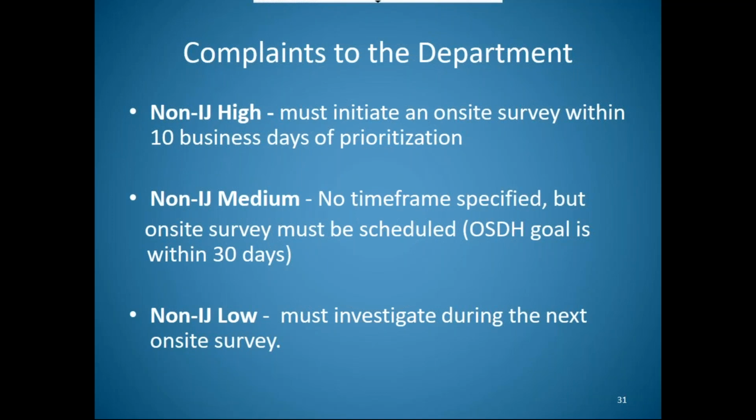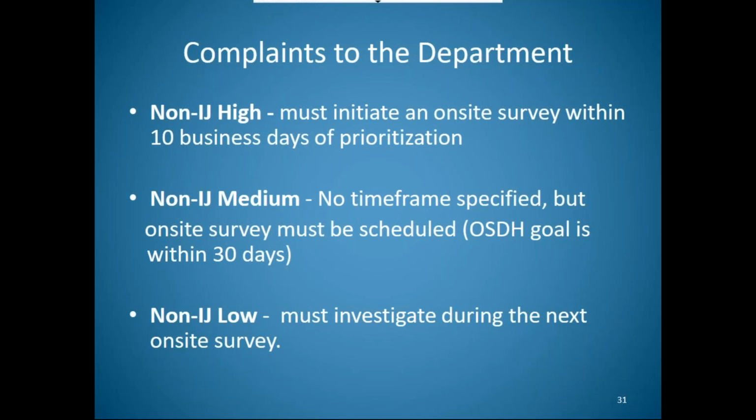The OSDH goal is to do these surveys within 30 days. However, that didn't necessarily happen in 2020, and it may not happen in the next few months now that surveys are starting to get back up and under control. But this is our goal, this is what we strive for, and we will be scheduling these whenever the time allows.